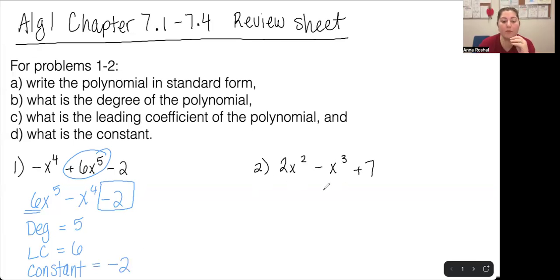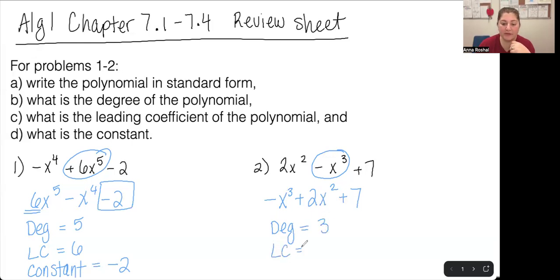Same principle here. We want the first term to be the largest exponent. So in our case, it's going to be 3, but in this case, it's actually negative. So we're going to have negative x to the 3rd plus 2x to the 2nd plus 7. The degree of this polynomial is 3, because that's the largest exponent.